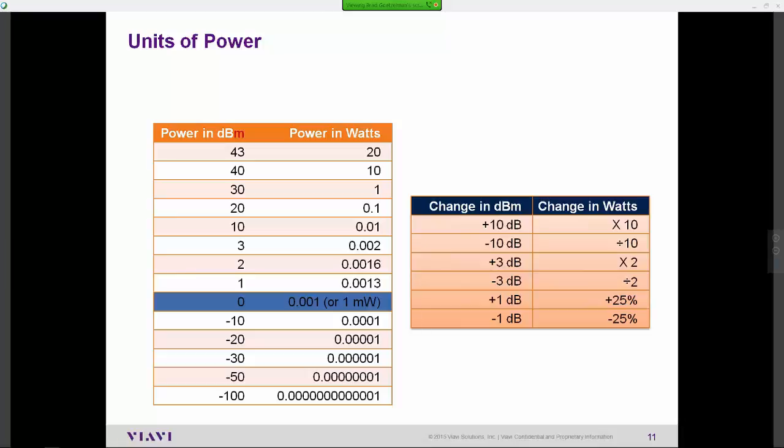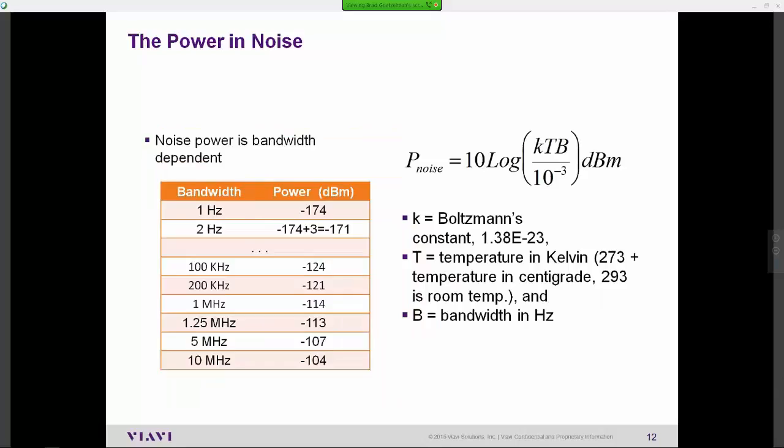The logarithmic dB scale is effectively the next level in mathematics where you actually become into multiplications or divisions of times 10, divide by 10, times 2, divide by 2, 25% change. These are all parts of that dB scale and very, very important in understanding how you're otherwise finding interference.